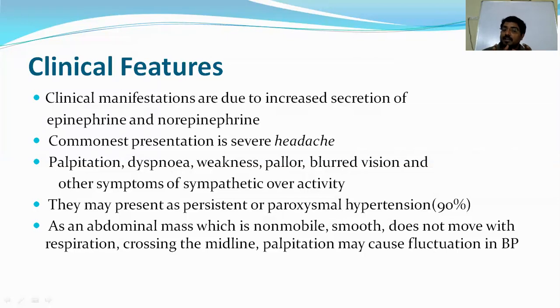It presents as an abdominal mass which does not move with respiration, is non-mobile, nodular in surface, and crosses the midline. If palpated, the blood pressure also fluctuates. These are the clinical features of pheochromocytoma.